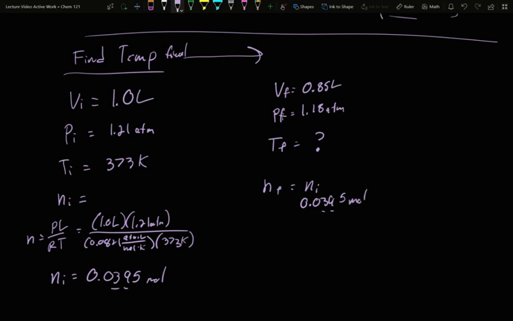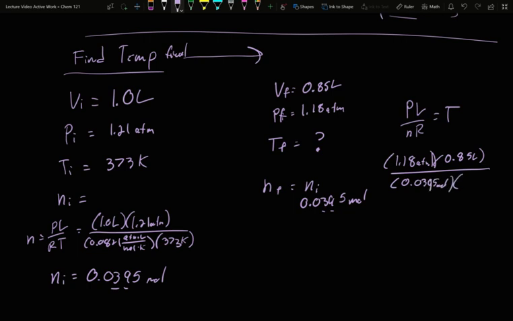So I have my moles final. I want to solve for my temp. Well, pressure times volume over nR should equal my T. And so my pressure in this case has gone down to 1.18 atmospheres. My volume has gone to 0.85 liters. My moles, 0.0395.